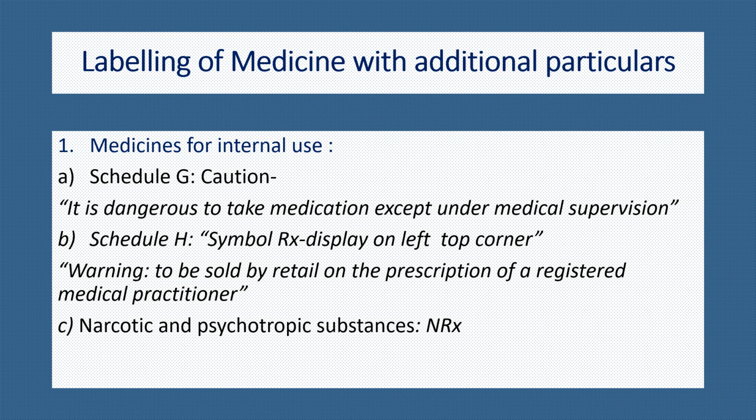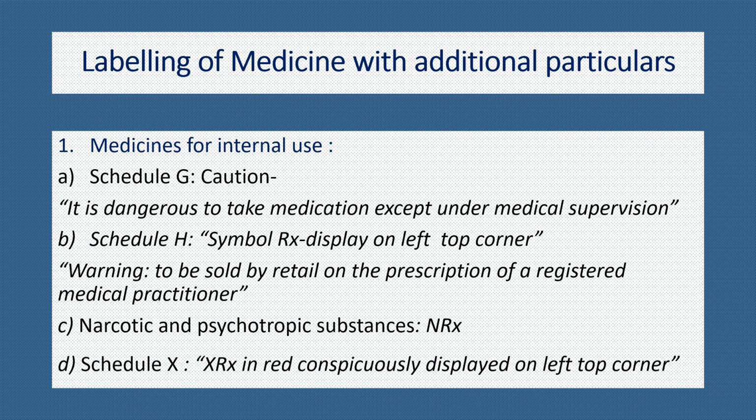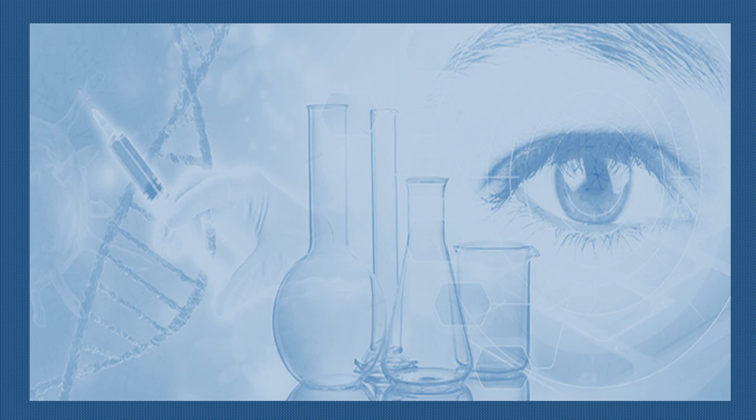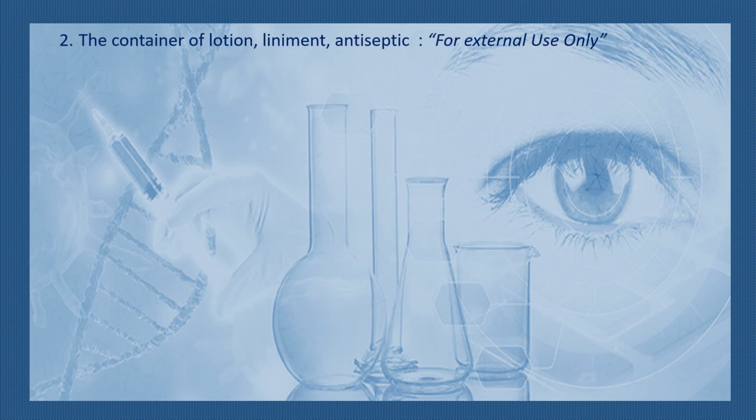And if there is a narcotic or psychotropic substance, then NRx should be reflected on your label. And if there is a Schedule X drug, then XRx in red should be conspicuously displayed on the left top corner. Now let us talk about containers of lotion, liniment and antiseptic, generally used for external application.